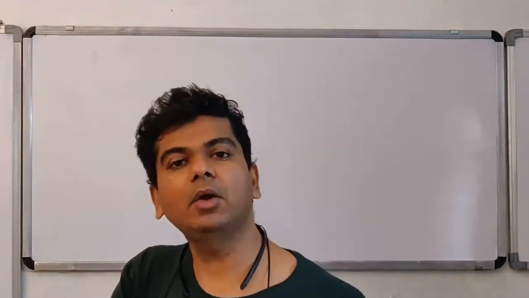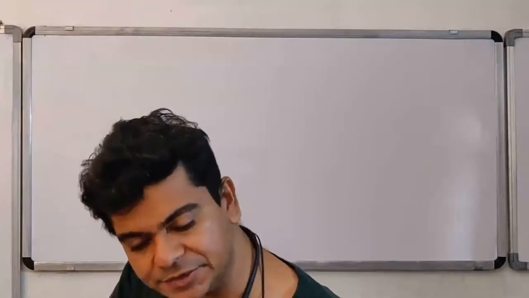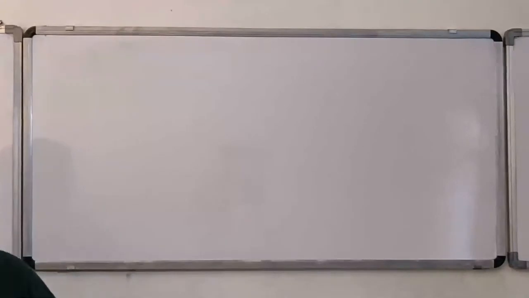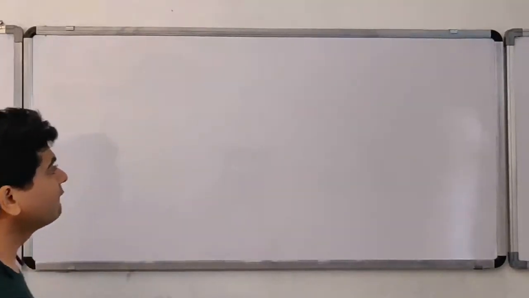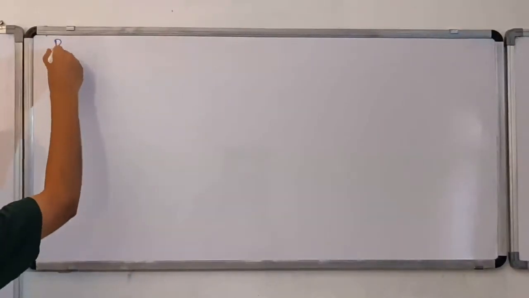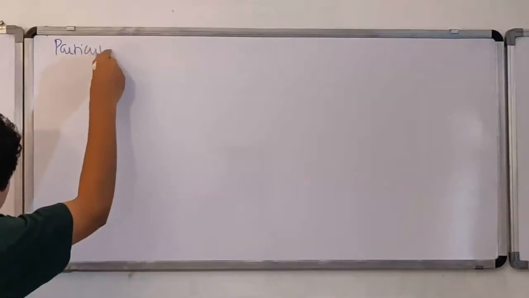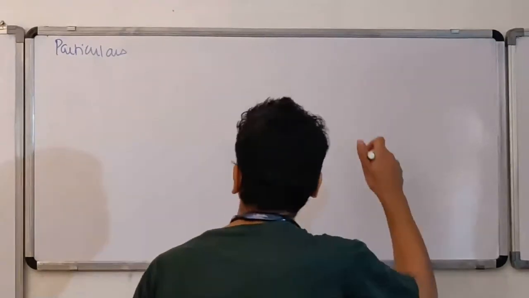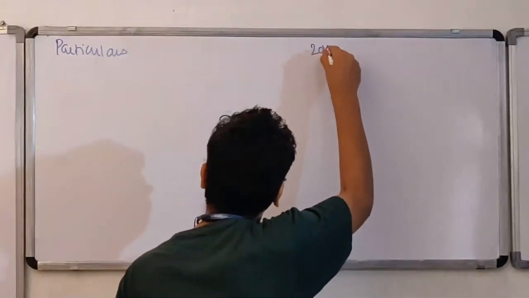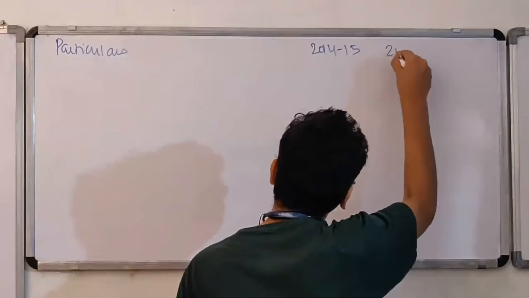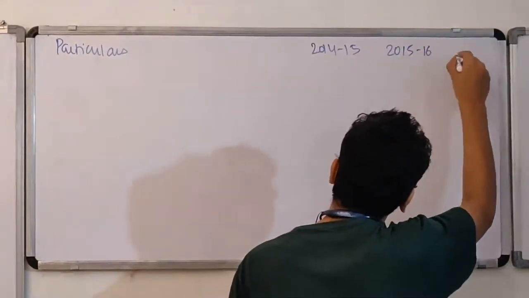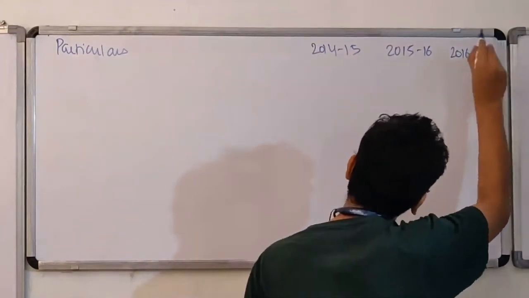So please give the heading, computation of current tax. You will say computation of current tax. Let's show our calculation. 2014-15, 2015-16, 2016-17.